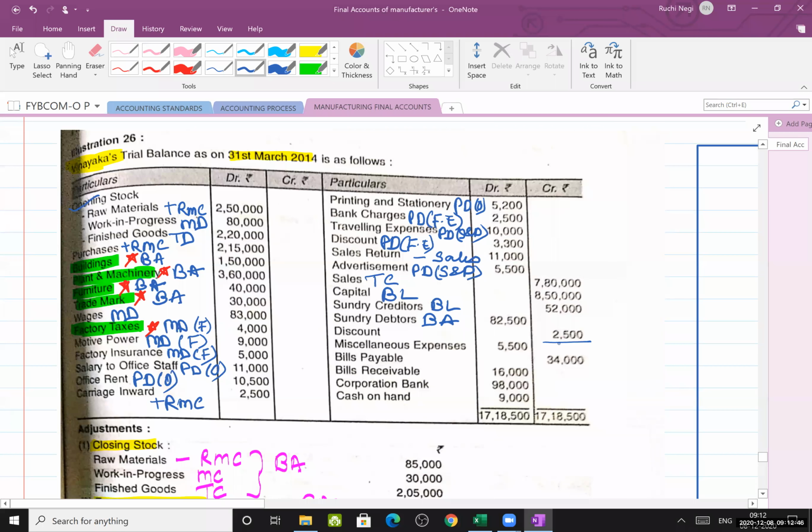Discount in the credit column it is, okay, so P&L account credit. Miscellaneous expense, P&L account debit under the heading office. Bills payable, balance sheet liability. Anything else? Bills receivable, balance sheet asset. Corporation bank, meaning bank account, so obviously it is balance sheet asset. Cash on hand, balance sheet asset. Am I clear to everyone? Is the question clear to everyone?